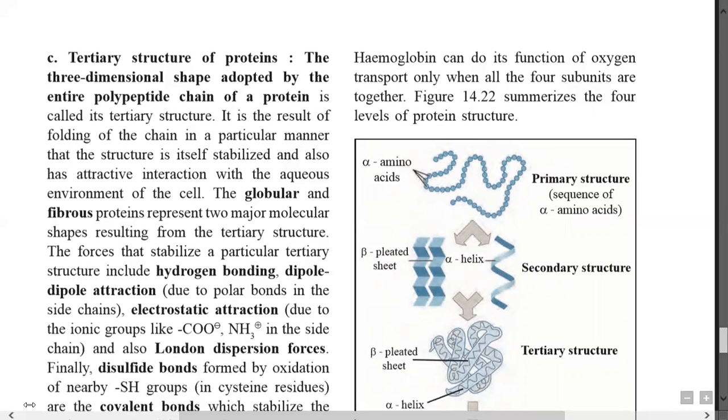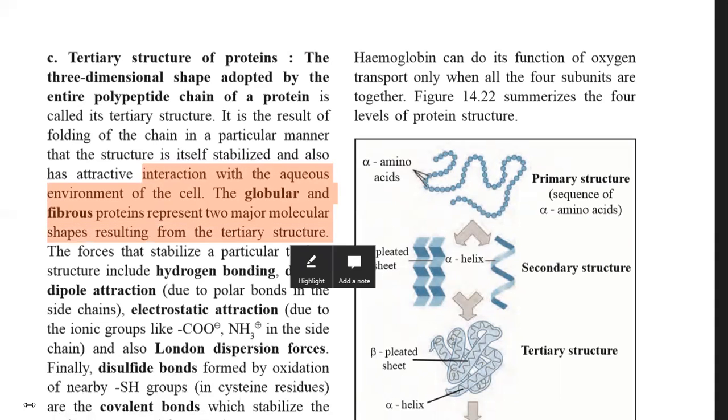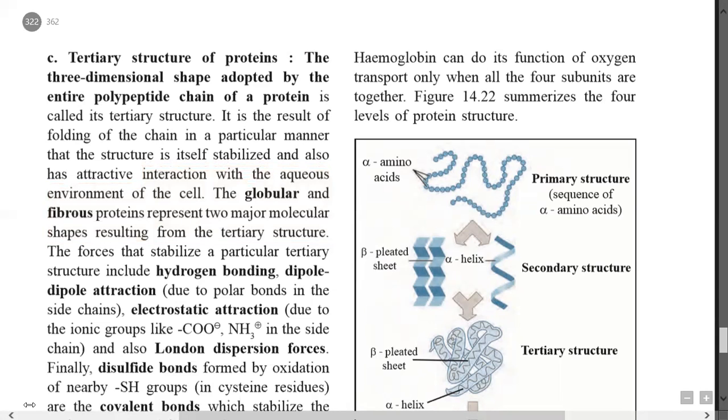This results in the folding of the chain in a particular manner so that the structure is itself stabilized and also has an attractive interaction with the aqueous environment of the cell. The globular and the fibrous proteins are the two different types of proteins. They represent the two molecular shapes which result in the tertiary structure. So which are the examples of tertiary structures of protein? The globular protein and the fibrous protein.